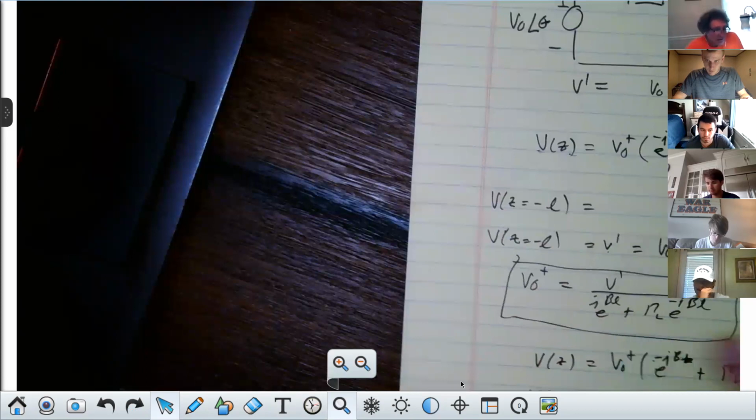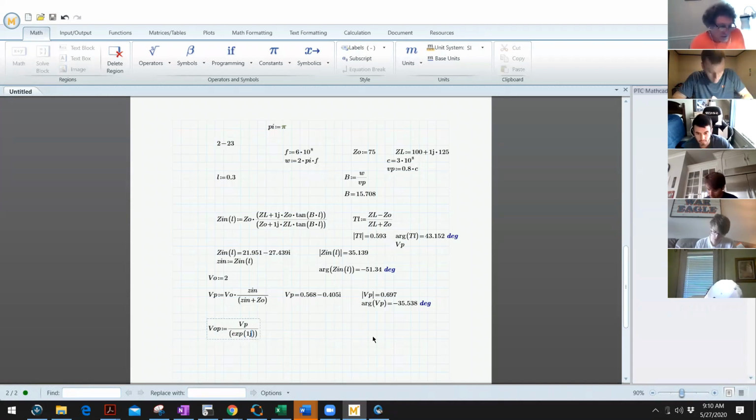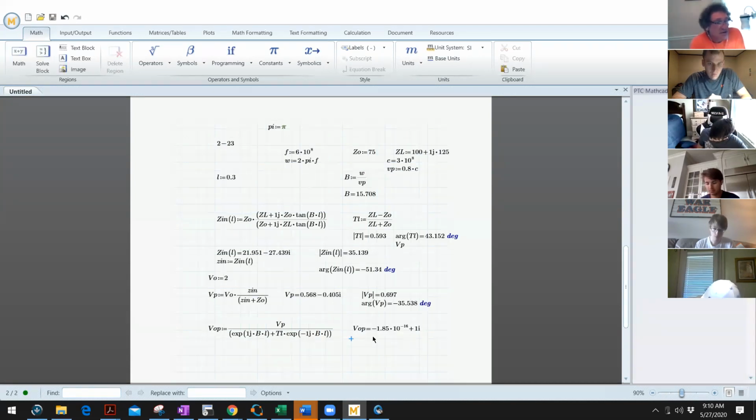All right, now let me go back here. So that means this is going to be V prime divided by, and now I take EXP, and it's going to be 1j times beta times L, and my L is 0.3, plus the reflection coefficient times EXP to the minus 1j times beta times L. And that means my V0 plus is equal to that, or it looks like it's just j1.